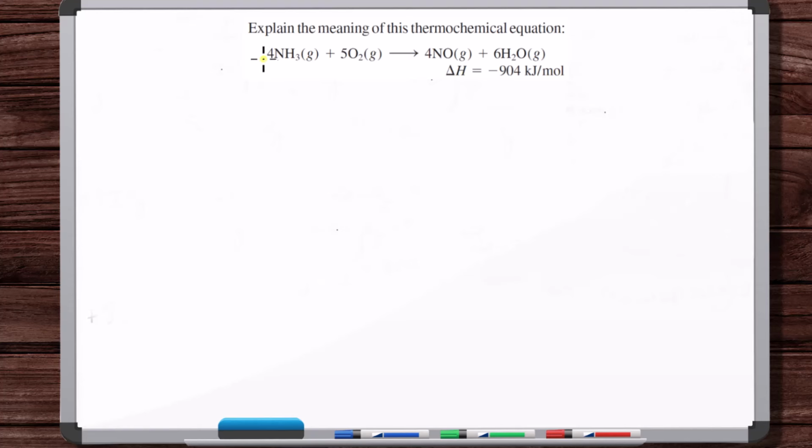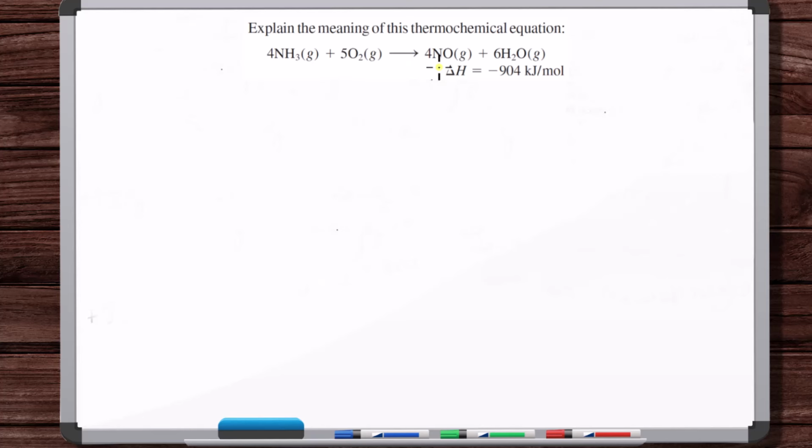If you have 4 moles of NH3 reacting with 5 moles of O2 to produce 4 moles of NO and 6 moles of H2O, then this much energy in the form of enthalpy is released. This many kilojoules, not kilojoules per mole. I mean, you could say per mole, I guess, but this is kind of confusing to me.